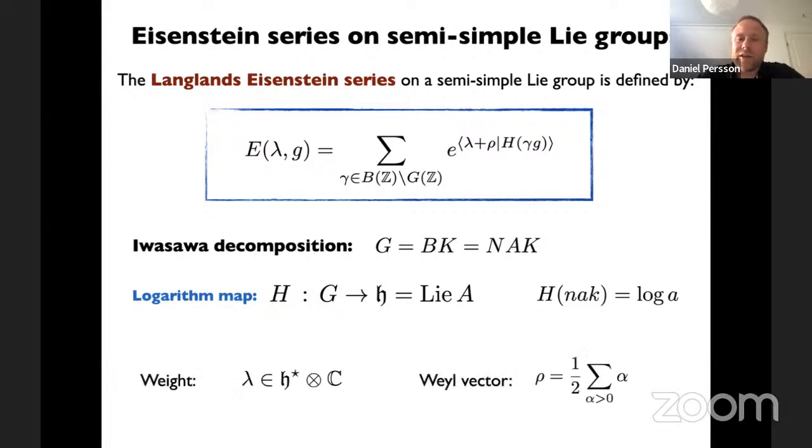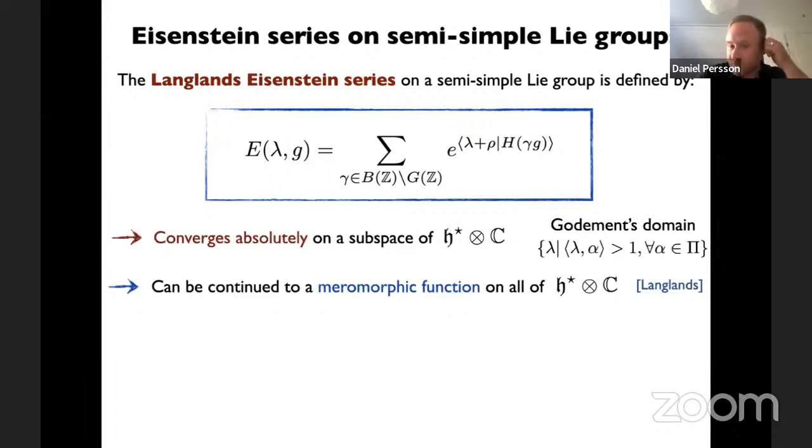We have the weight lambda. You can think of it as a complexified weight of the Lie algebra. In the example we had before, that corresponded to the parameter s. More generally, this is really a function of the entire complexified weight space of the Lie algebra. And finally, rho here is the Weyl vector, the half the sum of the positive roots of the Lie algebra.